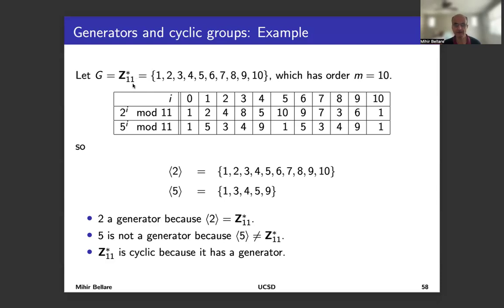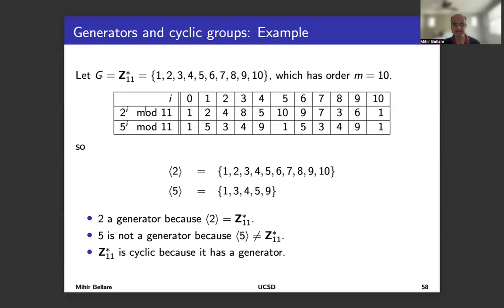Since 11 is a prime, this set consists of everything from 1 through 1 less than 11, so it's actually everything from 1 through 10. The order of this group is its size, so in fact it's 10. Notice that it's 1 less than the number by which we're doing the mods. So we're working modulo 11 and the group order is 10.